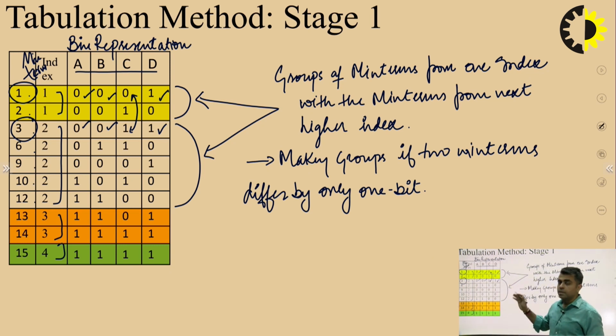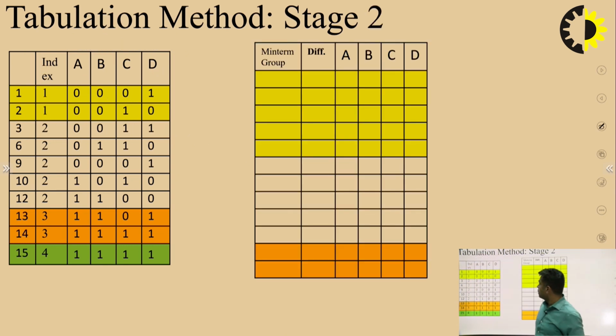Okay, so this is what we are going to do. Let's prepare the next table. I am taking this term 1 from index 1 and I will be checking its grouping possibility with every single term from the next higher index. So I will check 1 with 3, 1 with 6, 1 with 9, 1 with 10, 1 with 12. Let's check this 1 and 3. We can see that this is the point of difference. So the 1 and 3 group is being formed and the result is 0, 0, dash, 1.